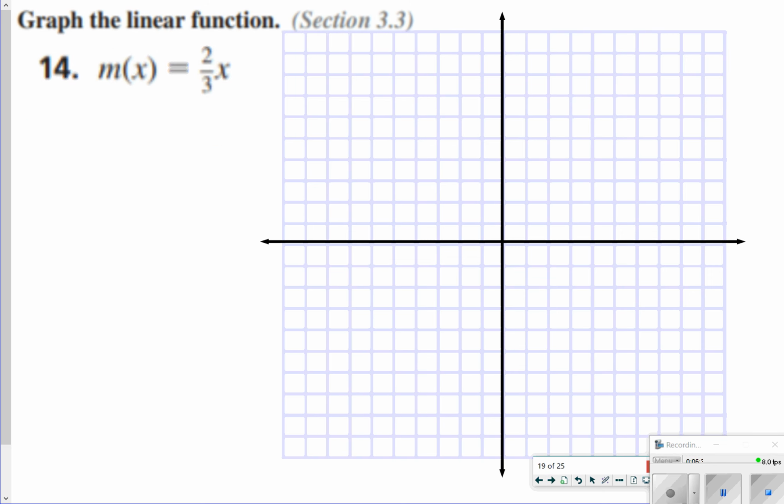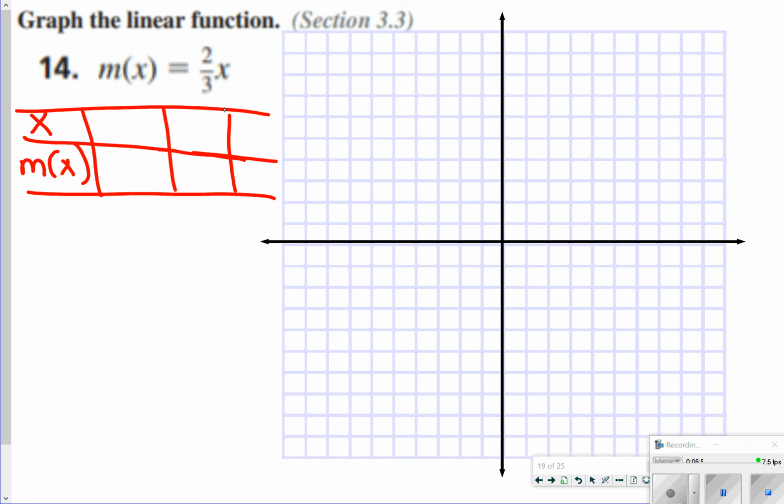For number 14, I would maybe suggest something right here. Whenever you're finding the values to plot points, sometimes the points that we use may not be the best. So what I did here is I actually just used 3's to plot points, because when I multiply by 3's, it's going to give me a whole number.